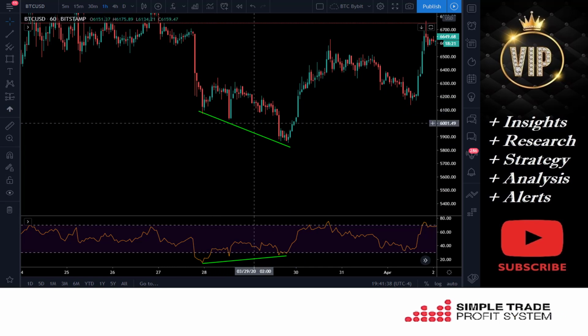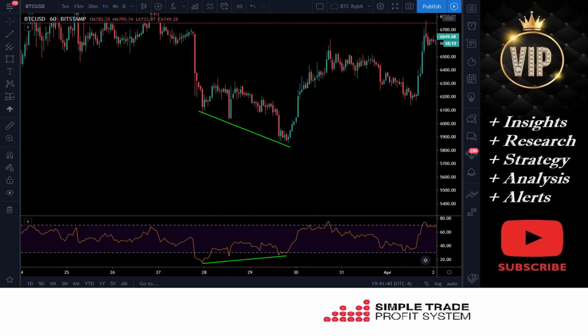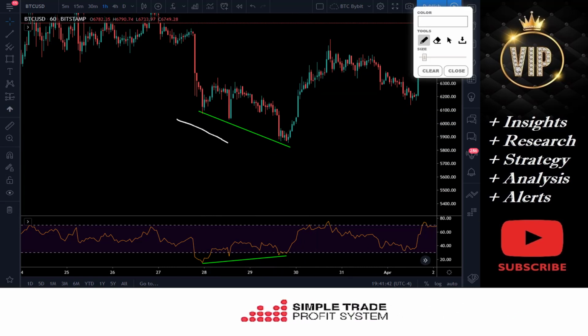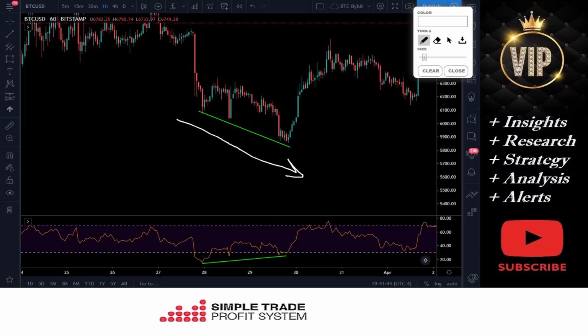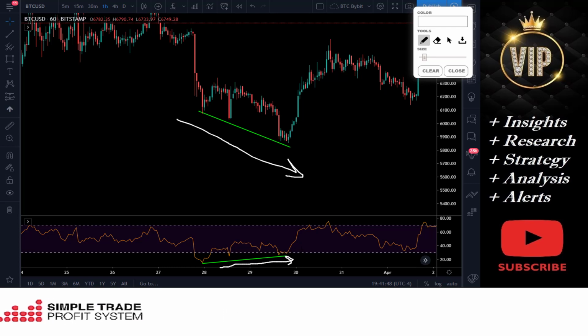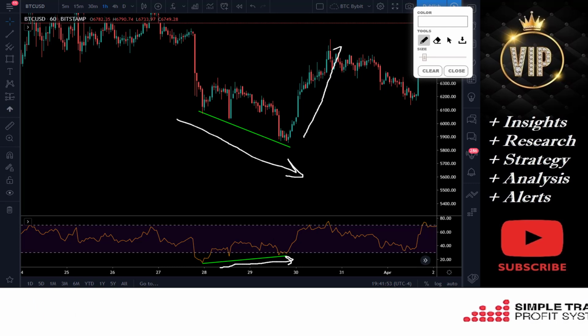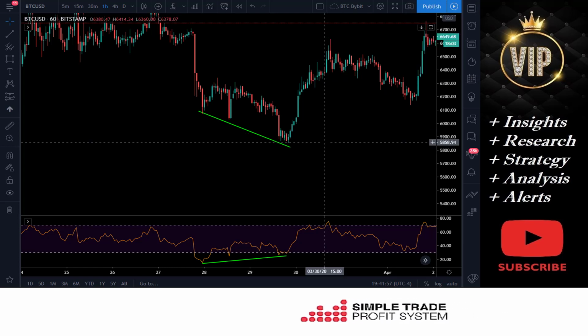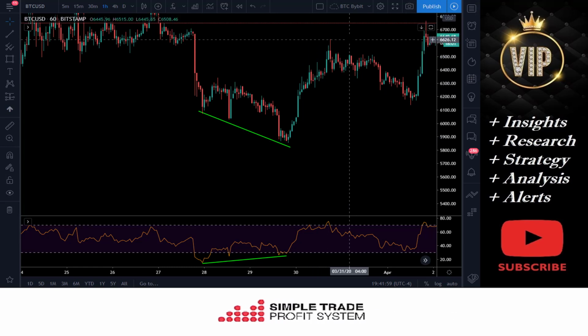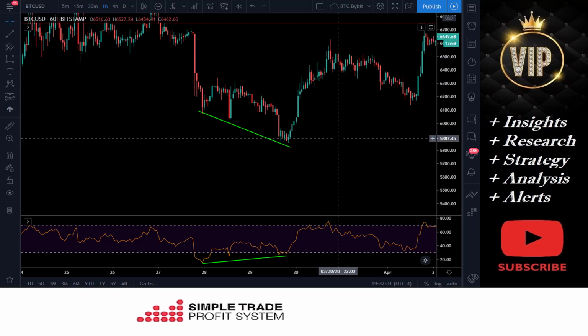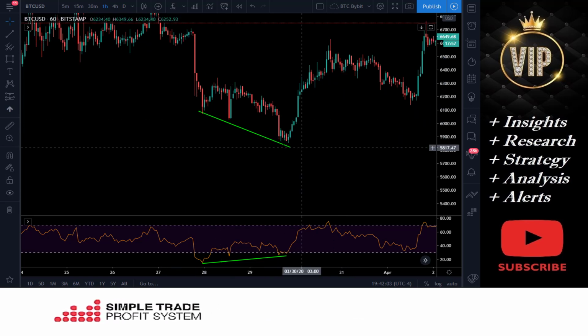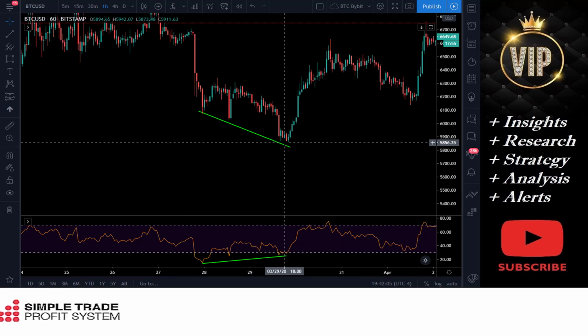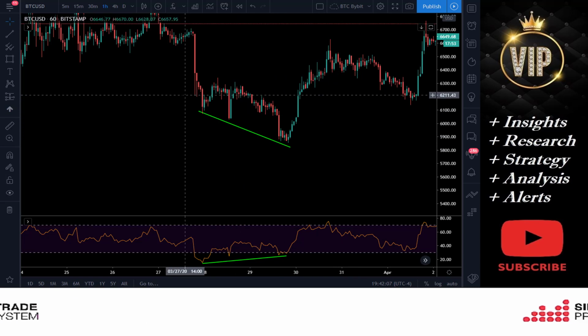Look at how we have price moving down, but our indicator is moving up. And look at what happened after this. We moved up. We went from 5,800 up to 6,600, almost a $1,000 swing because of this bullish divergence.